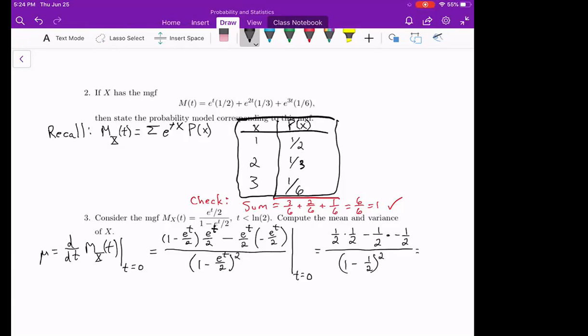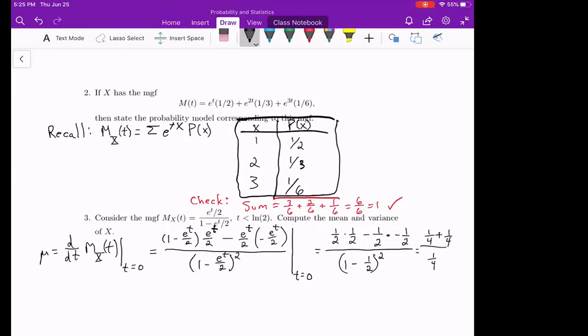So that's going to be 1/4 minus 1/2 times negative 1/2, which is 2 negatives, so it's going to be plus 1/4, over 1 minus 1/2, which is 1/2 squared, is 1/4.